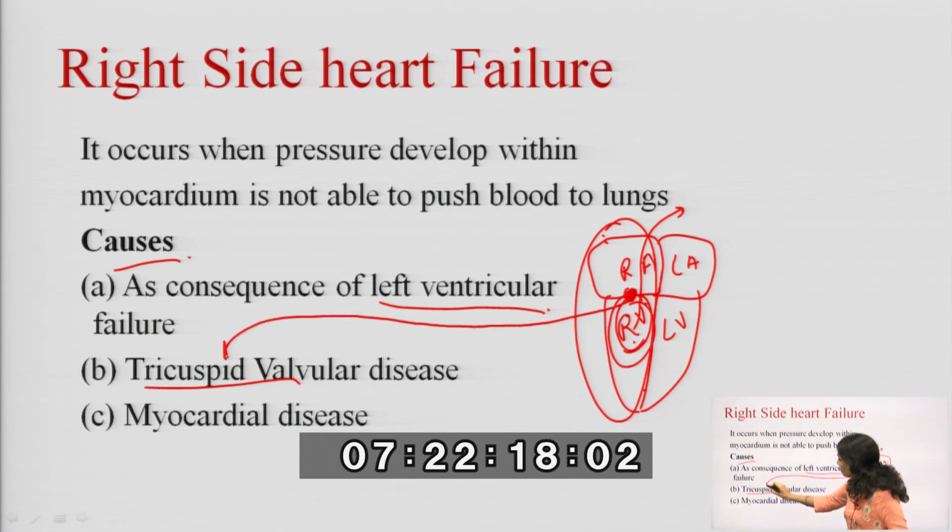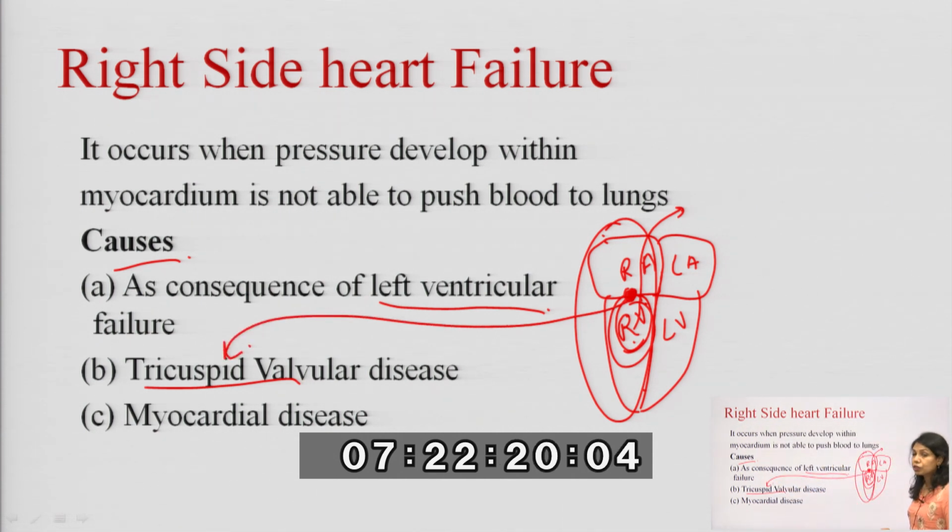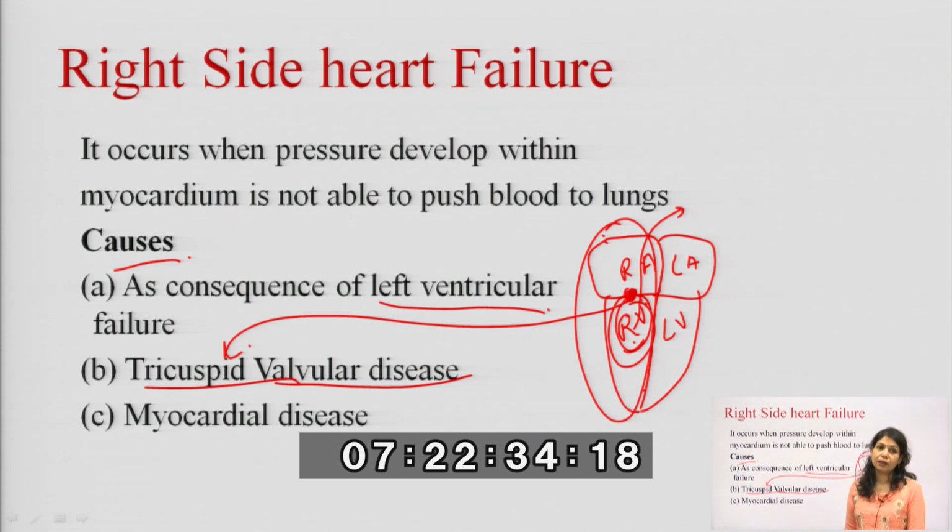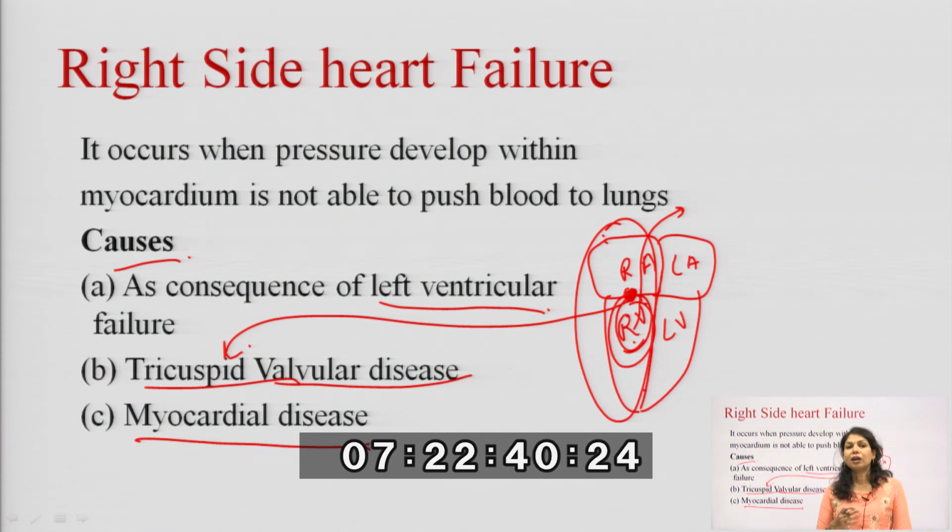When there is a tricuspid valve disease, the blood is not able to flow from the right auricle to the right ventricle. So, this will ultimately lead to right side heart failure. Or a patient is suffering from any myocardial disease. Myocardial inflammation is there, so the heart pumping is affected.